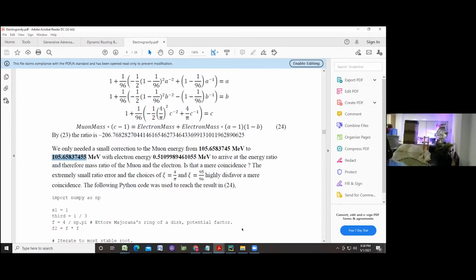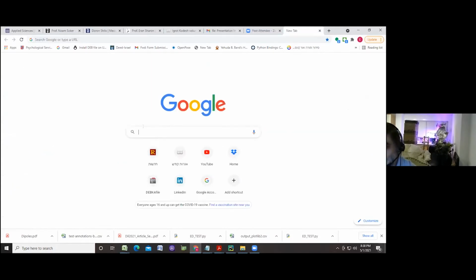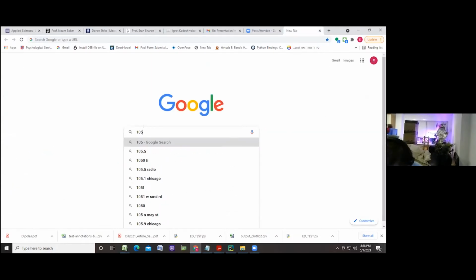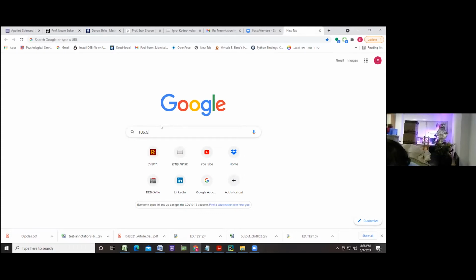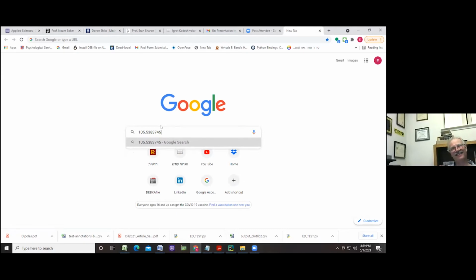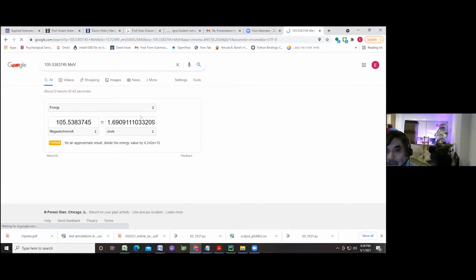So if I look at the internet for that value, 105 point, what was the number there? I think it's 5. Let's see, muon mass. 538 or something like that, 337, and then 45 MeV. I think we will find something, or maybe it's less.